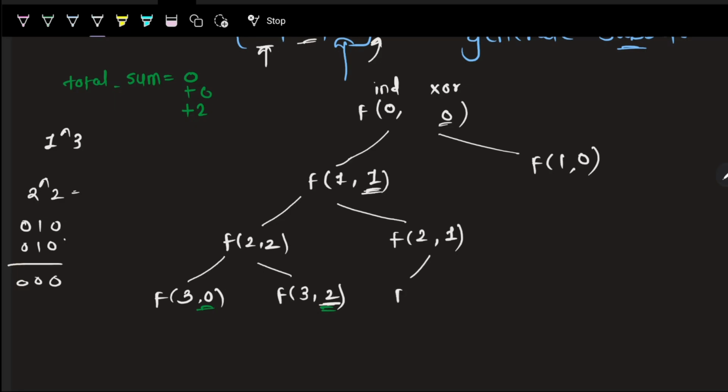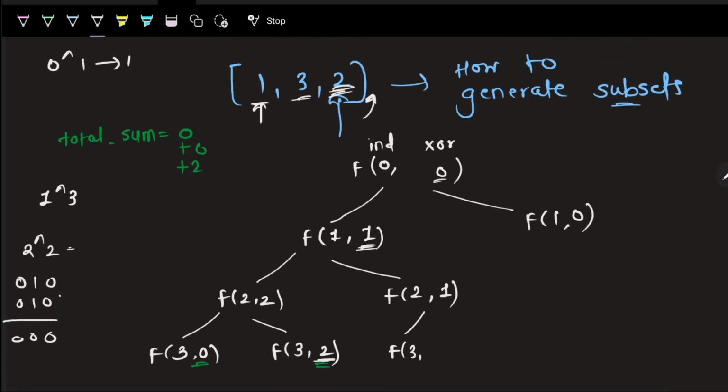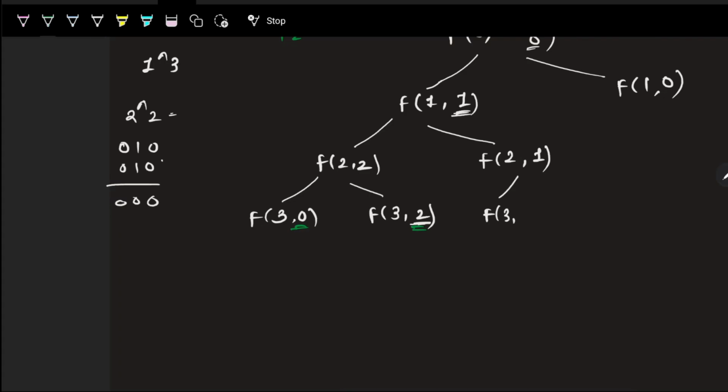I have two choices here. I go to the third index and take XOR of 2, that is this one, with this XOR. So 2 XOR 1, right? 2 XOR 1 would be 0 1 0 XOR 0 0 1, so it will be 0 1 1, that is a 3. So of course it will become a 3 here.